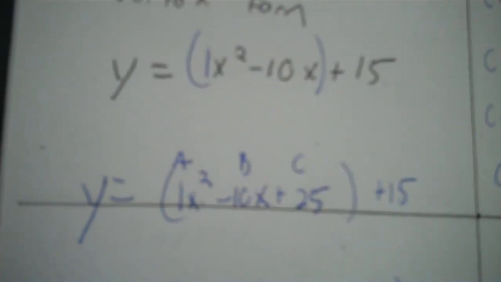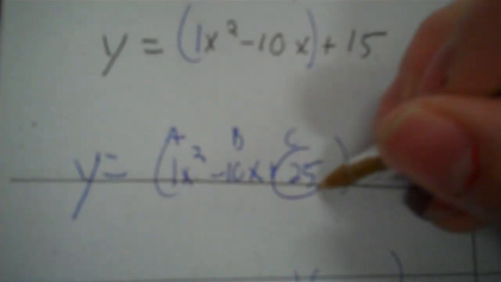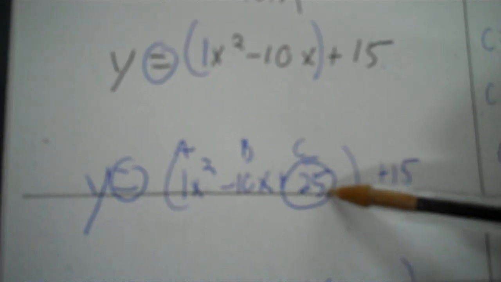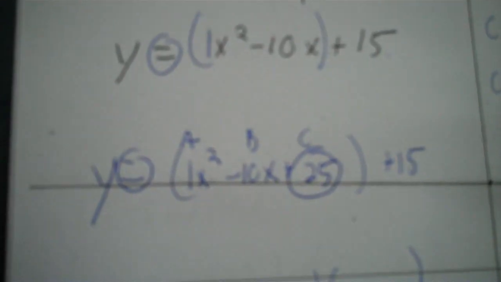Now the next step, and by the way, this 25 that you brought in, you want to circle it and check the front of your parentheses. If there's no number there, well, that's good. Then I can just add 25 to this side. Because if I'm adding 25 to this side of the equation, I need to add 25 to this side of the equation so the equation stays balanced.